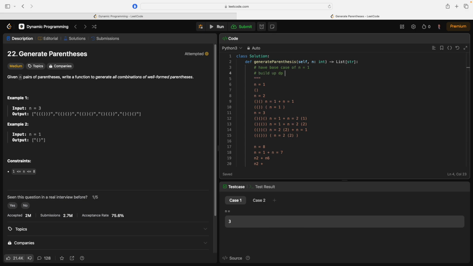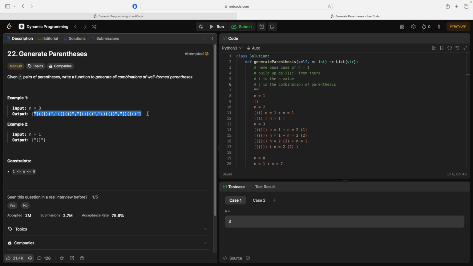Build up dp[i][j] from there. i is the n value. j is the combination of parentheses. Okay, so like this right here. We have n3 in the table. It would be 3, and then 3, 0 would give you this.